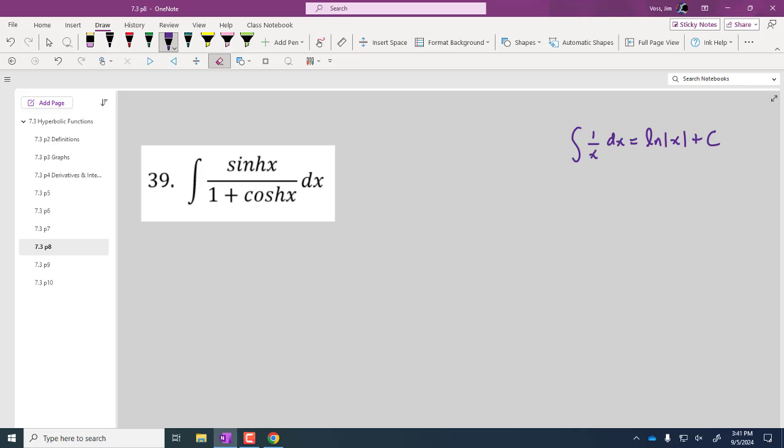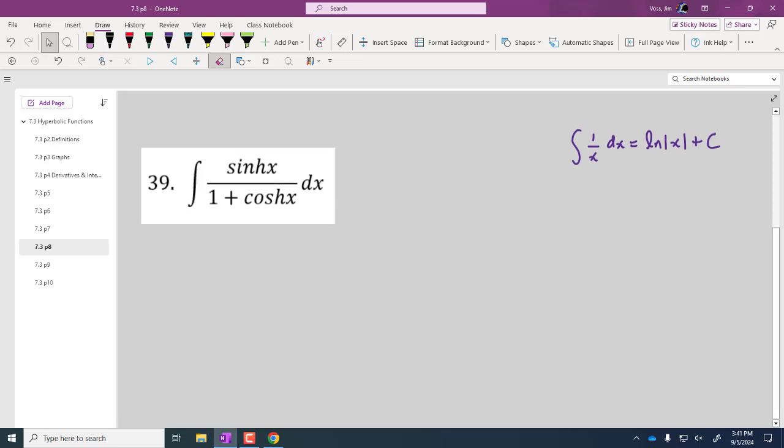Isn't it true that this denominator's derivative is the numerator? Yeah, that's true. If you have this setup where whatever the function is in the denominator, if it's set up so that its derivative is in the numerator, in this class, we're going to call that log form. So it's log form if the denominator's derivative is the numerator.